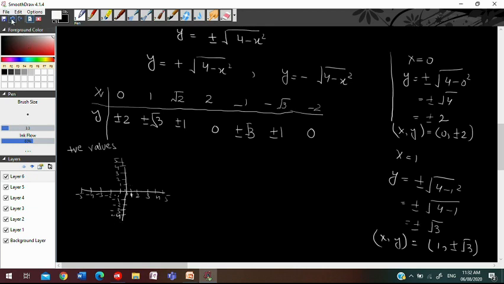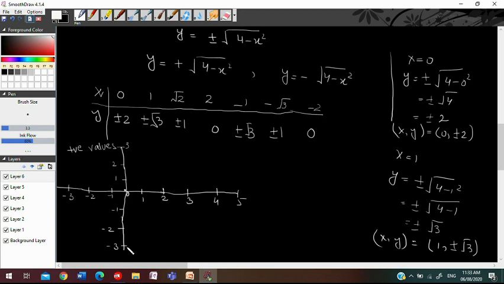One second, I draw this graph to explain you easily what I am going to do. 0, 1, 2, 3, 4 and 5. 1, 2, 3, -1, -2, -3, -1, -2 and -3.